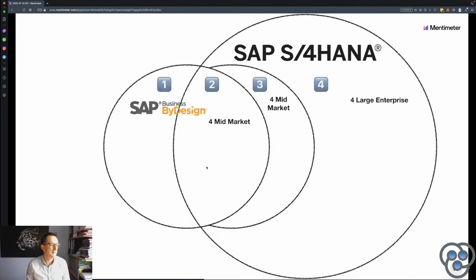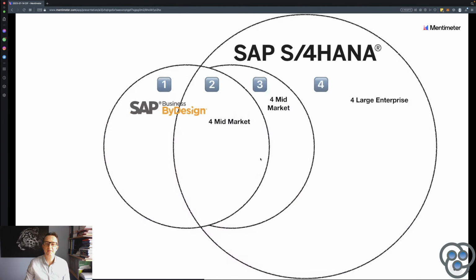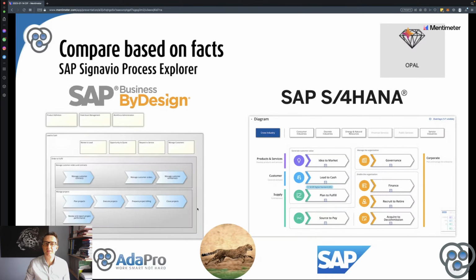So that was this set theory that we did in our team meeting where it came up, and actually we used that as the whole basis. We're using that in our program, SAP Business ByDesign versus S4HANA Cloud, compare the facts. So this is a program that we offer. And in that program, we are using the SAP Signavio Explorer.